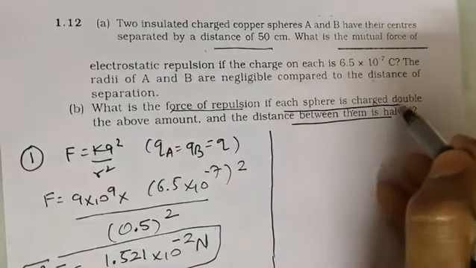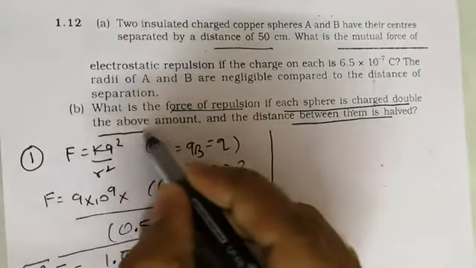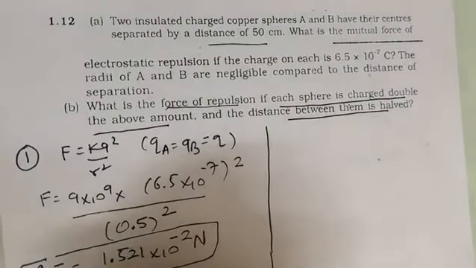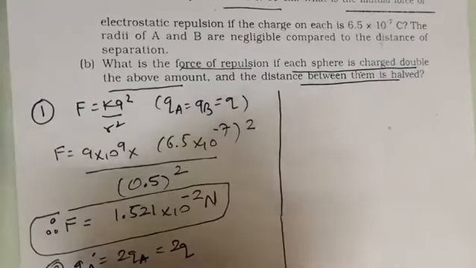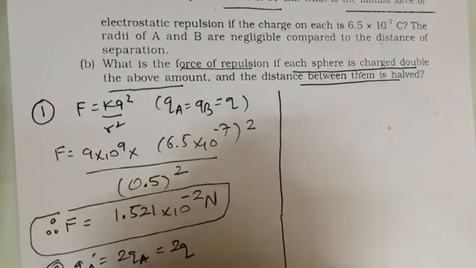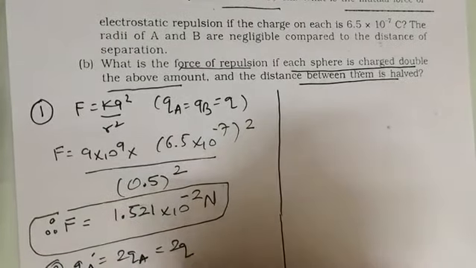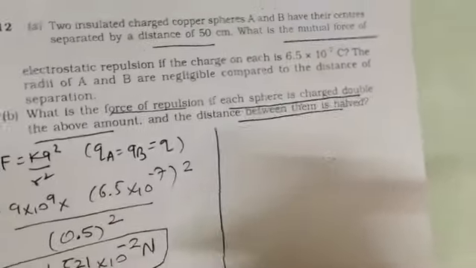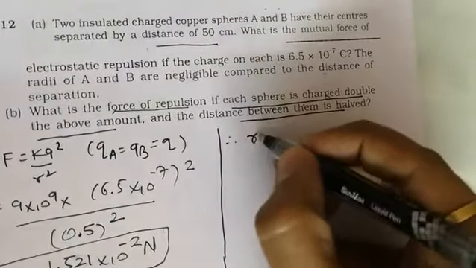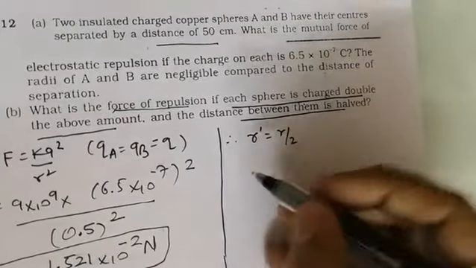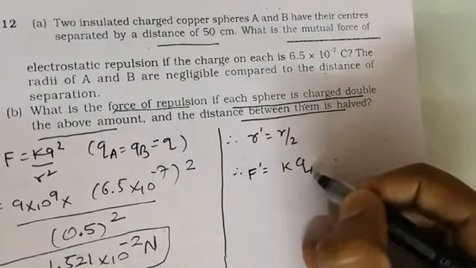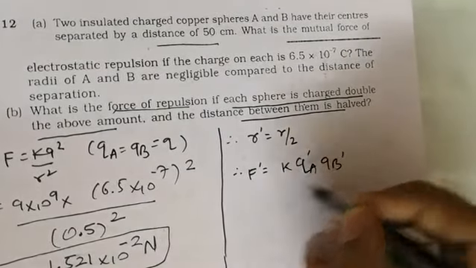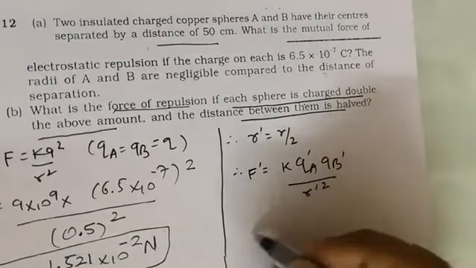Each sphere's charge is doubled. So QA dash is equal to 2 times QA, and QB dash is equal to 2 times QB, twice Q. And the distance R dash is equal to R by 2. So my new force F dash is K QA dash QB dash by R dash squared.